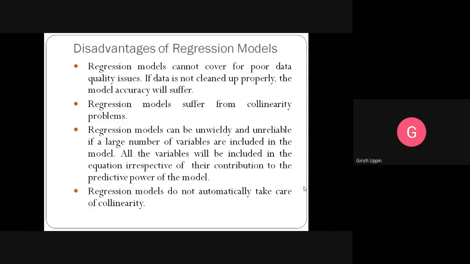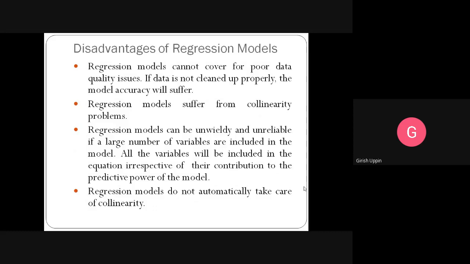If you include it in the model, definitely it will be part of the equation, irrespective of how much predictive power it has to predict the output. So that is one disadvantage. Here care should be taken by the data scientist or the business analyst or the modeler to exclude such variables which do not have any predictive power from the equation.